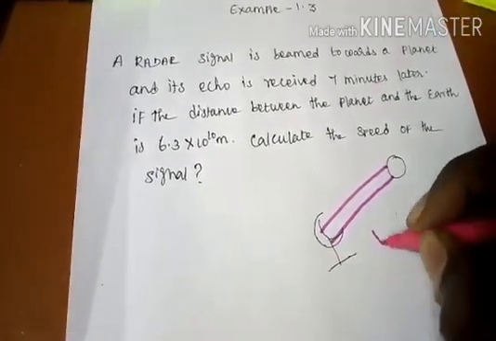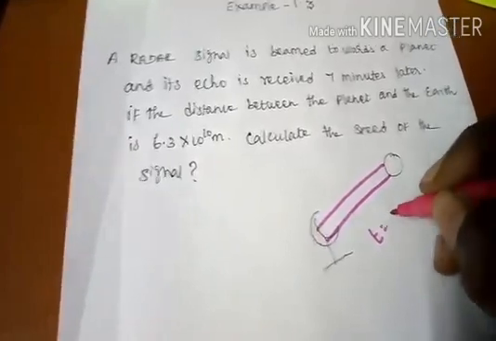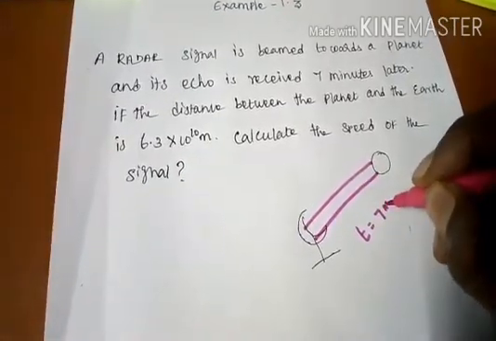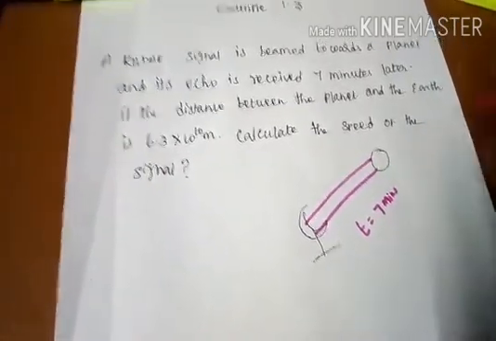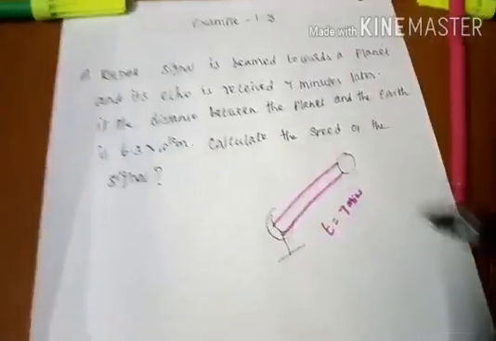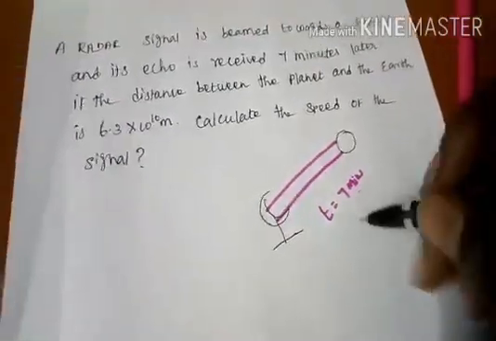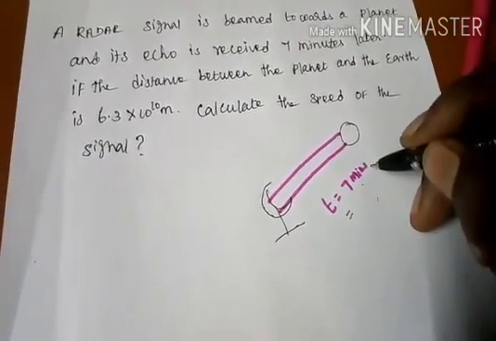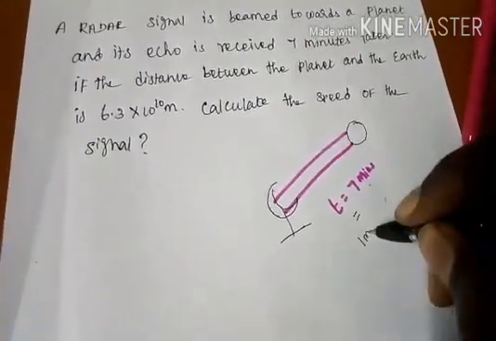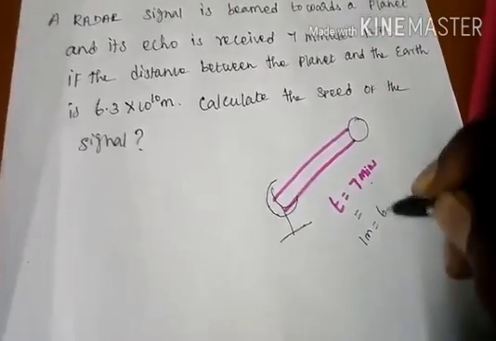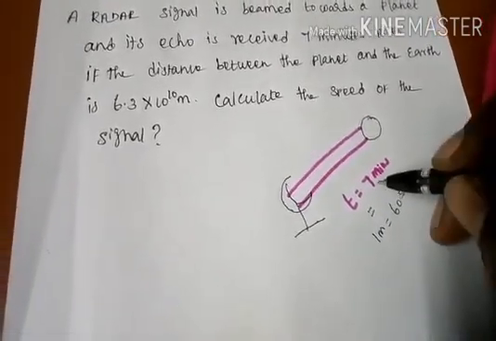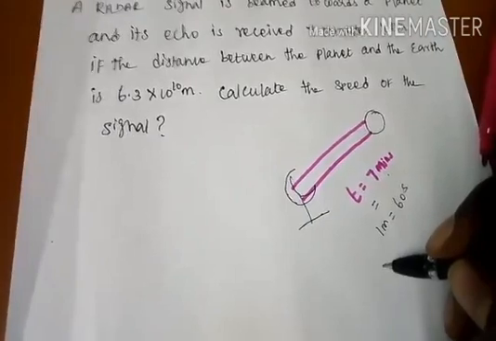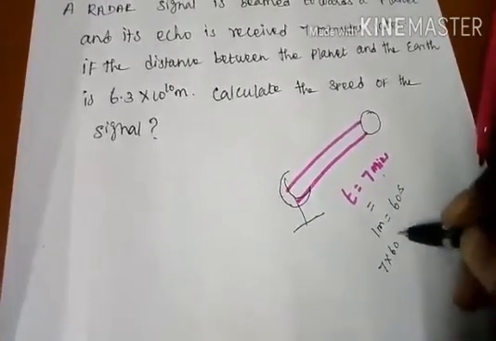So here t equal to how many minutes? 7 minutes. The 7 minutes can be written in terms of seconds. 1 minute equal to how many seconds? 60 seconds. So 7 minutes means you just multiply 7 into 60 seconds.